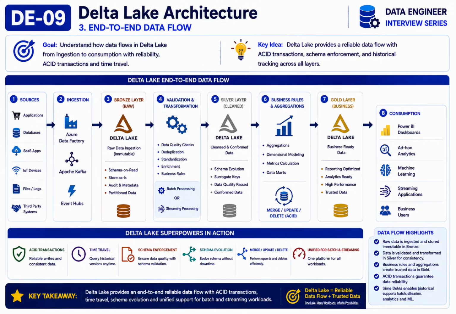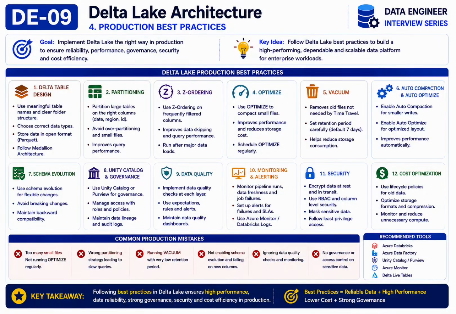Now this section reflects real production experience. Building a data lake is not enough, implementing it correctly is equally important. Always follow the medallion architecture using bronze, silver and gold layers. Store data in Parquet format with Delta transaction logs.